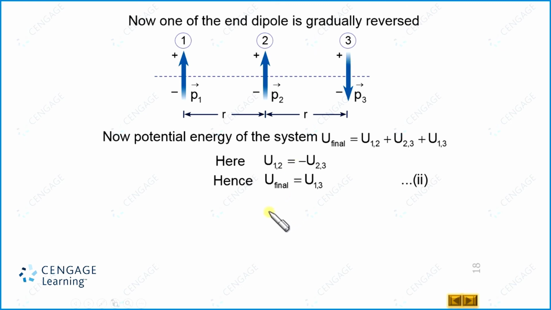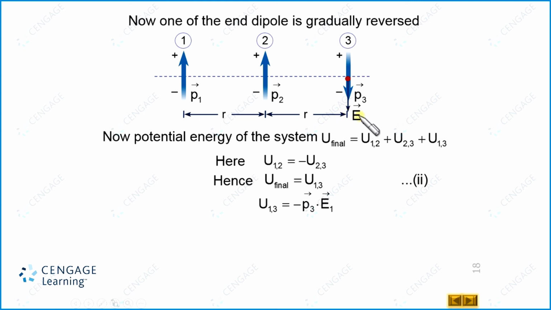We can write this potential energy as minus P3 dot product E1 vector. P3 is the dipole moment of the third dipole, and E1 is the electric field associated with the first dipole at the center of the third dipole. We can observe again the center of this dipole is at the equatorial position. That means the electric field because of this will be anti-parallel to the P1 vector, in the downward direction like this, E1.